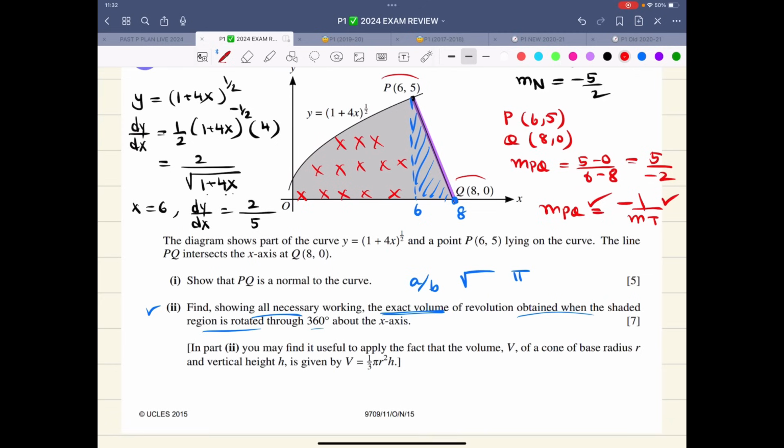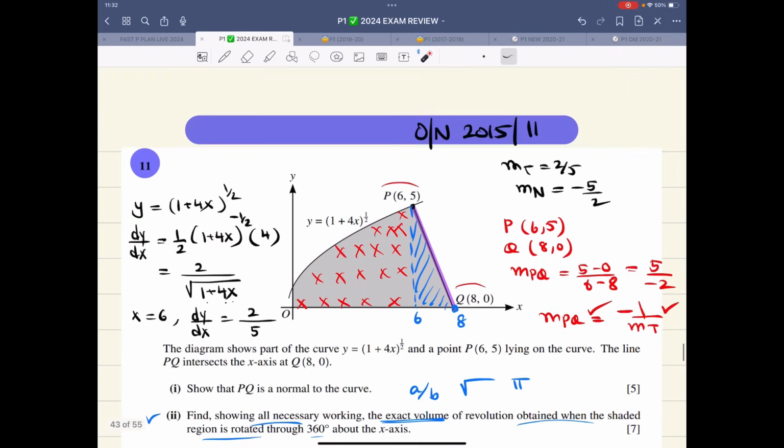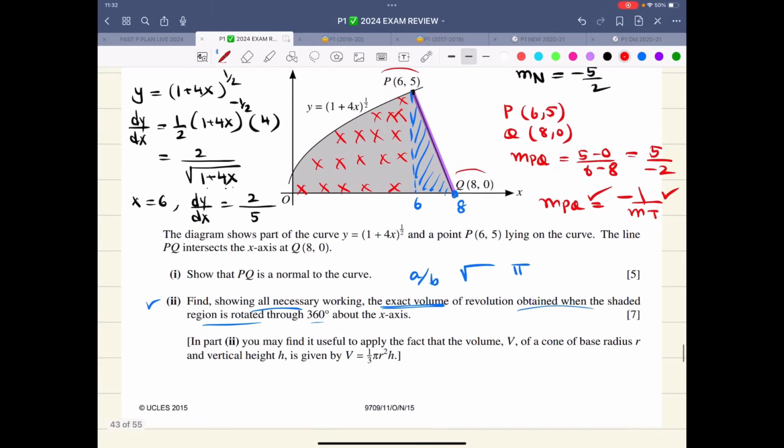Now the examiner is giving us a hint: when we rotate this, the volume of a cone is like this, because when it is rotated, this goes like this. So this one would be the radius, this one would be the height. You can do that, or you can also use integration. That's your choice. This one over here, what is that? That is the volume under the curve. So this is volume under two separate graphs.